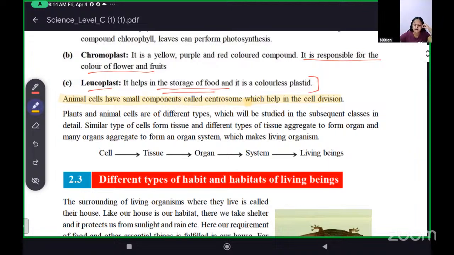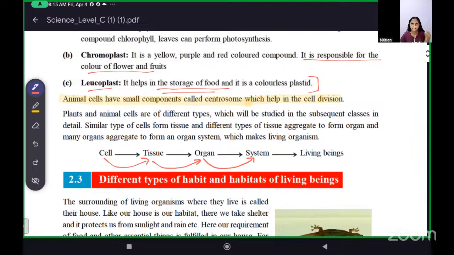Okay, similar type of cells form tissue, and different types of tissue aggregate to form an organ, and many organs aggregate to form organ system, which makes living organisms. So when cells come together, they form a tissue. When tissues join together, they form an organ. When many organs are joined together, they form an organ system, such as respiratory system and excretory system.